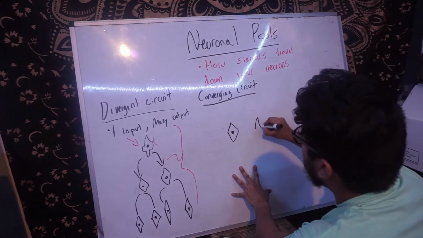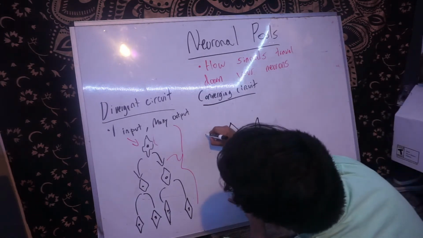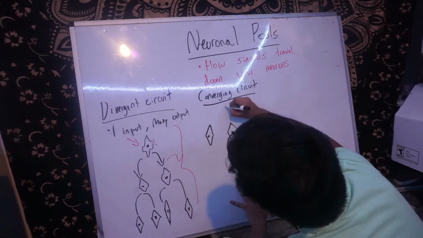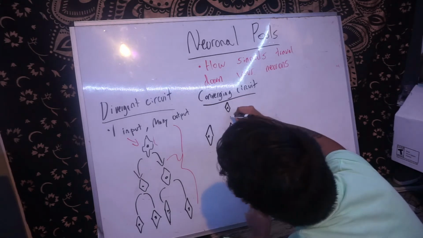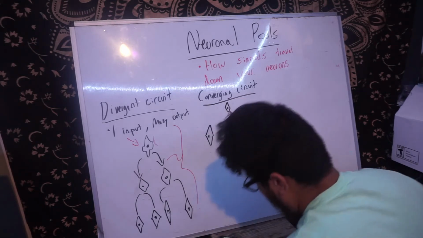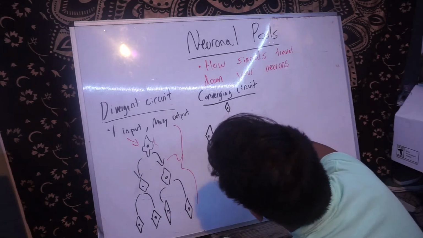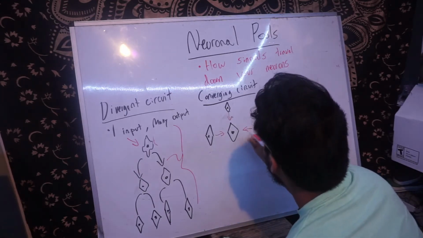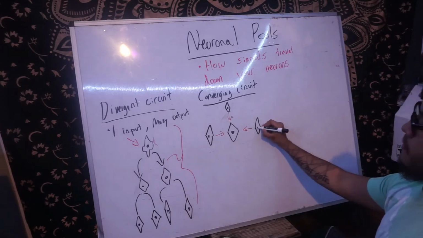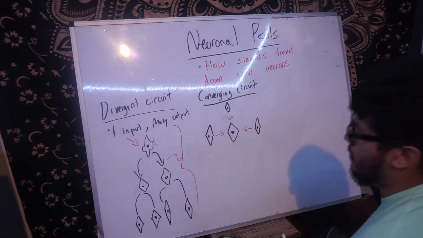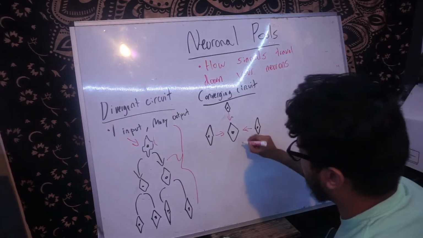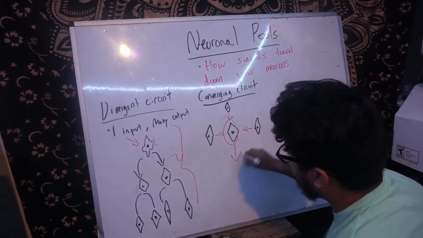But then he's got a neuron to his right, a neuron to the left, and a neuron above him, and they're all sending signals to him. This is our center guy, but he is taking all these signals and shooting them back out.